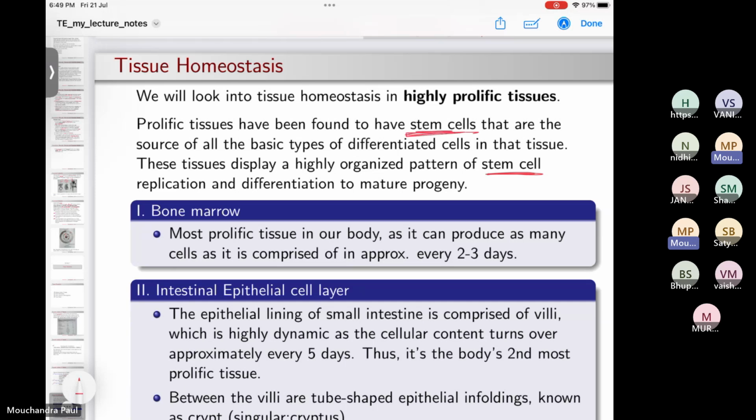These stem cells are not mature cells. They are able to proliferate, and each of the daughter cells then undergoes differentiation and forms the mature cells that you see in that particular tissue. Because of these stem cells, these tissues have this prolific nature.